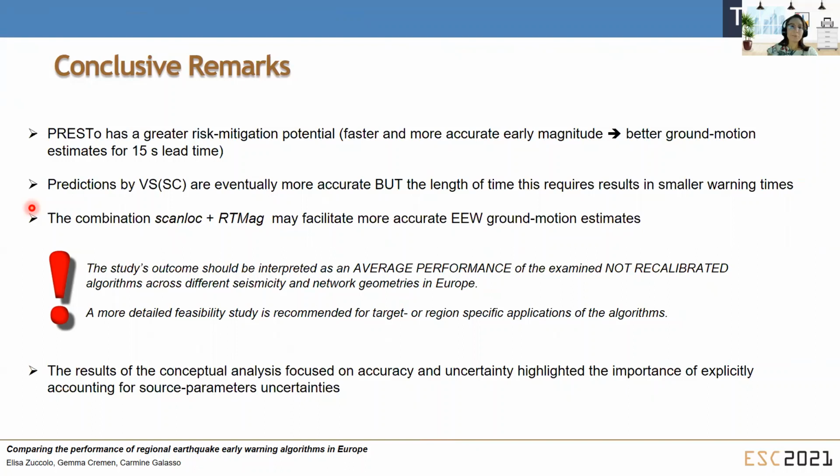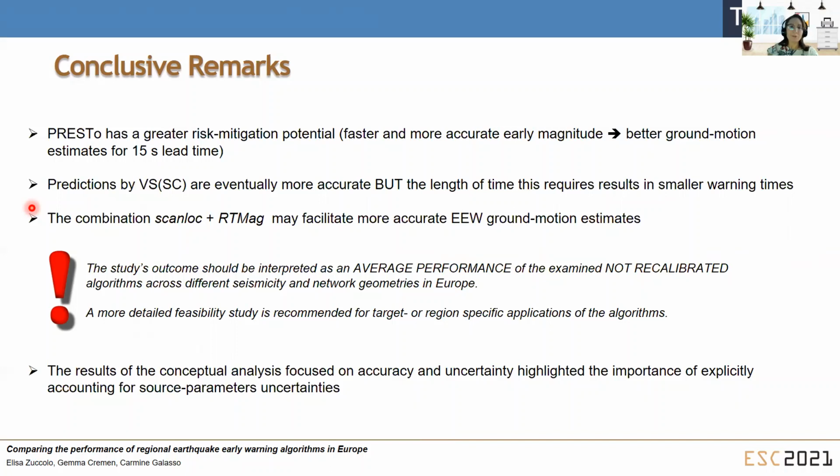This is because PRESTo produces faster and more accurate early magnitude estimates, which result in better ground motion estimates for the long lead times. Predictions by VS in SeisComP are eventually more accurate than those by PRESTo, but the length of time this requires results in smaller warning times. Therefore, we suggested to use PRESTo as early warning algorithm for the turnkey platform.